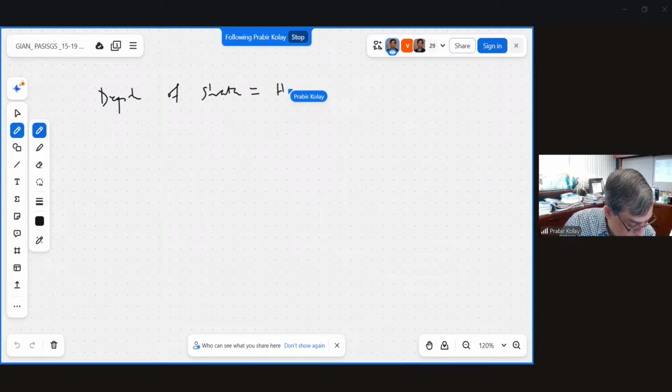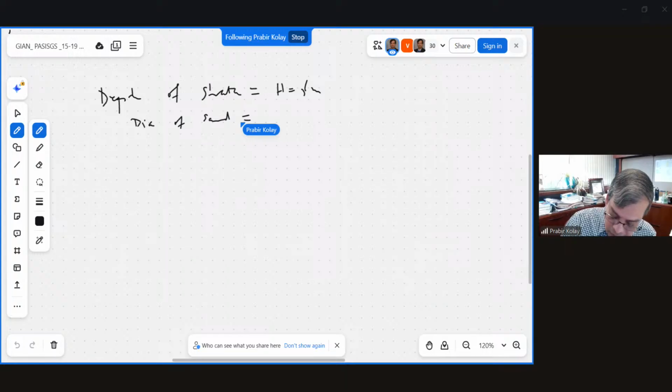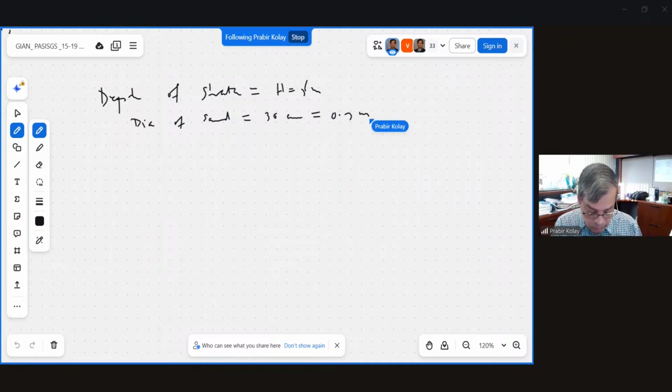So H given is 6 meters over here. And then the diameter of the sand drain is 30 centimeter, that is 0.3 meter. I need to calibrate or what, I don't know.